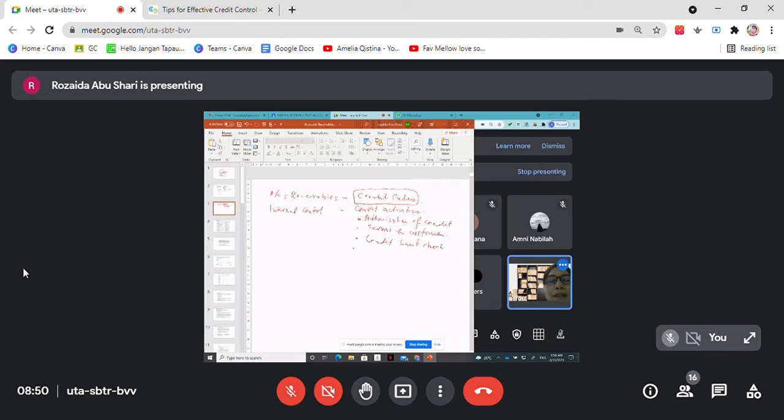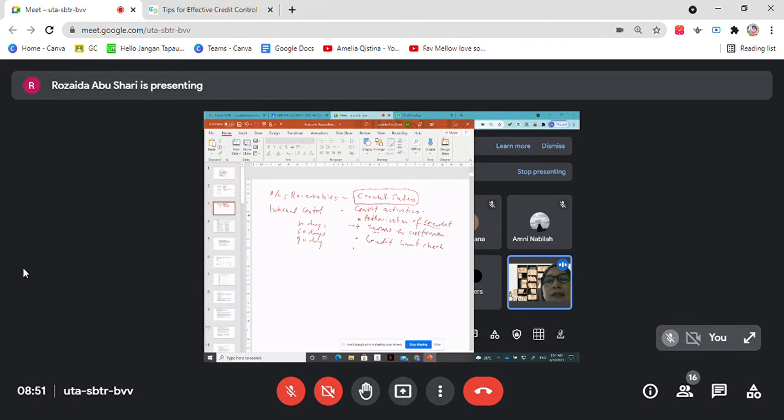Anyone to add? Some more you will have to look at are the internal control procedures that should be applied when the company gives their customers credit facilities. Other than authorization of credit terms, you have to know what a credit term is: 30 days, 60 days, or 90 days.